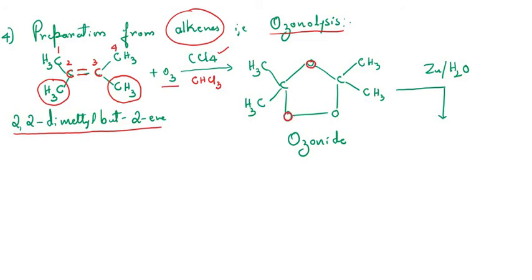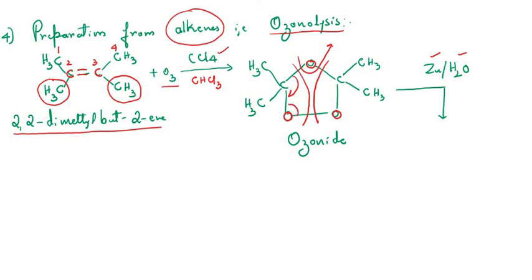So this is the ozonide intermediate, which is highly unstable, and when this ozonide is subjected to further reaction in the presence of zinc and water, it will undergo reductive cleavage in this manner such that these two bonds are ruptured and this oxygen will be lost. So it is called a reductive cleavage, and the remaining half-headed arrow marks we are going to represent here.